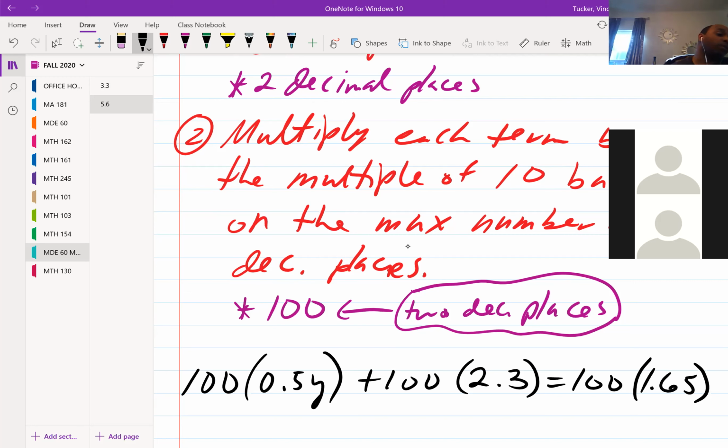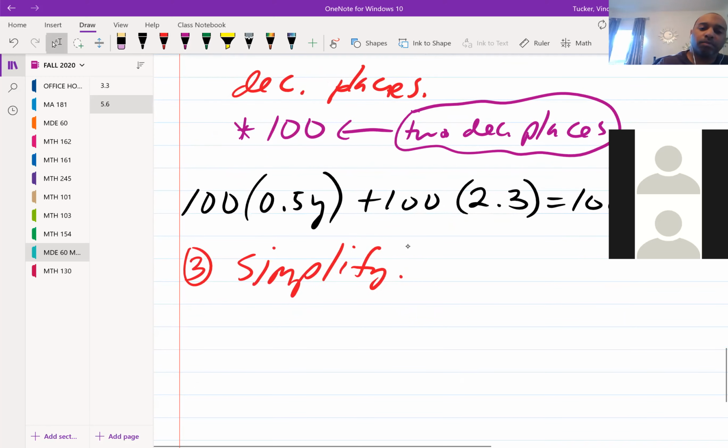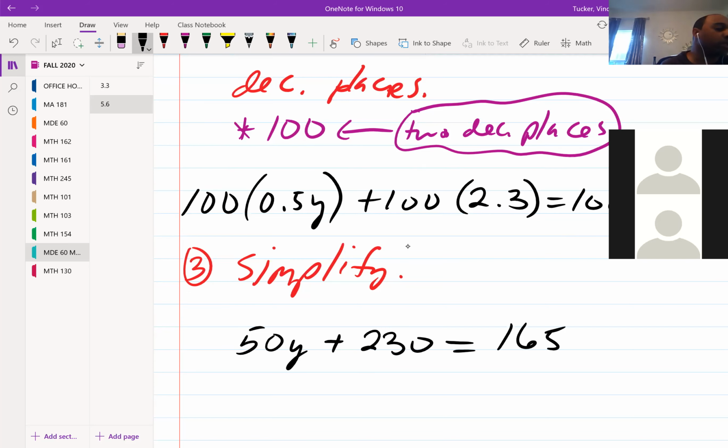Remember, each term has to be multiplied by that value, or you will be changing the value of the equation. And then we simplify. And that'll be 50y, 230, and that's 165.